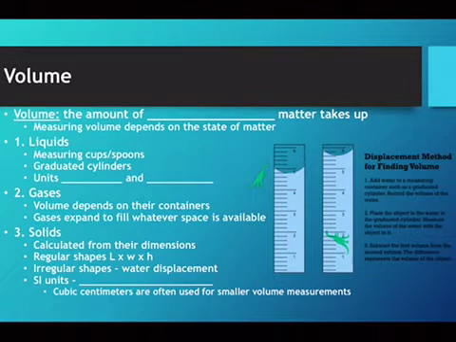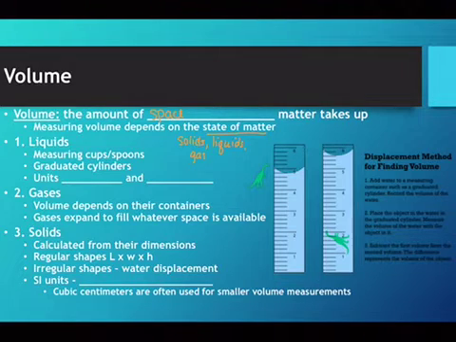Another unit that we use to measure matter is volume, and this is the amount of space that matter takes up. The way you measure volume will depend on the state of matter that the object is in. So remember, our states of matter are solids, liquids, and gases.